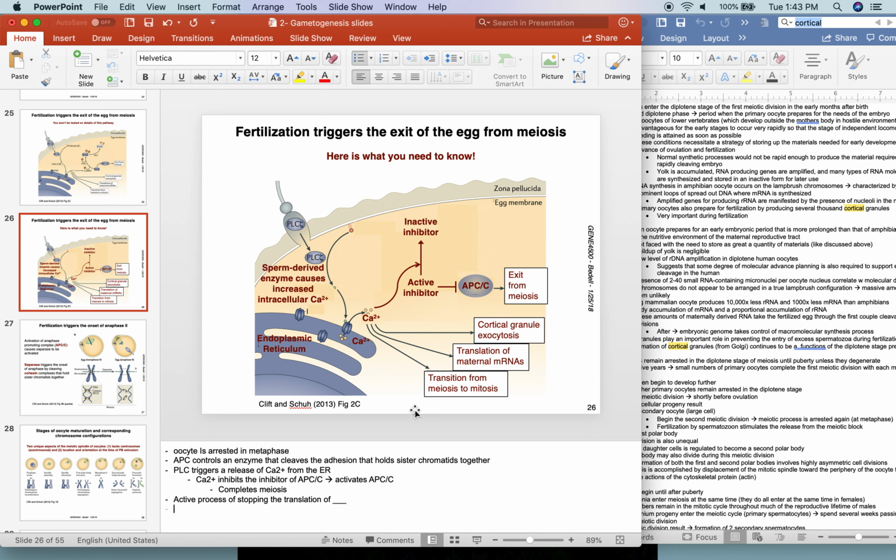And this is before any of the genes in the zygote or embryo have been activated. So at the very early stages of embryonic development, the only gene products that are there are from the mom. That's the basis of many maternal effect mutations. In addition to initiating translation of these stored maternal mRNAs, you have the transition from meiosis to mitosis.